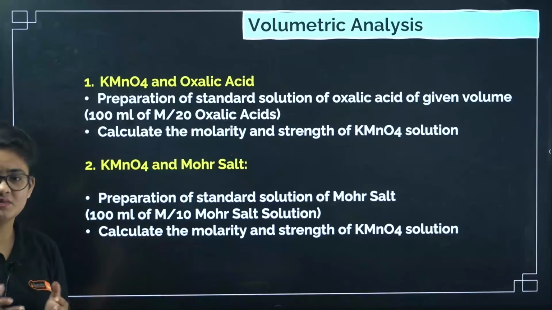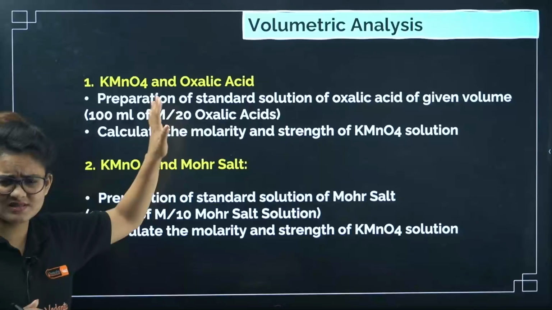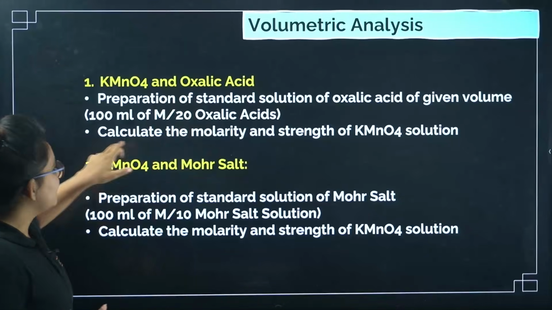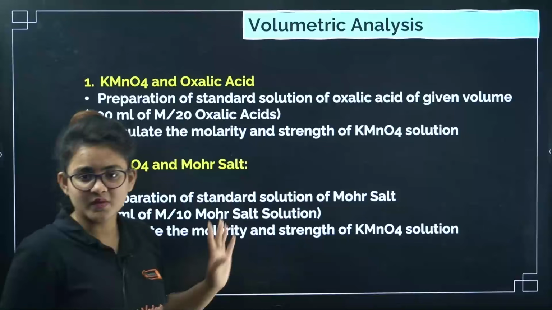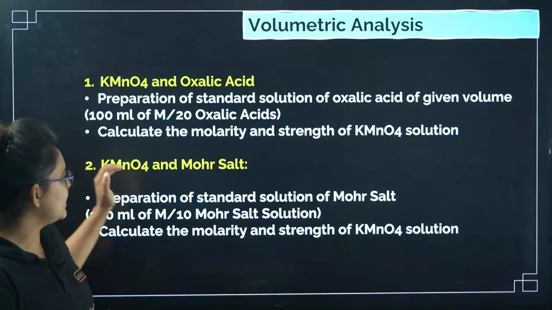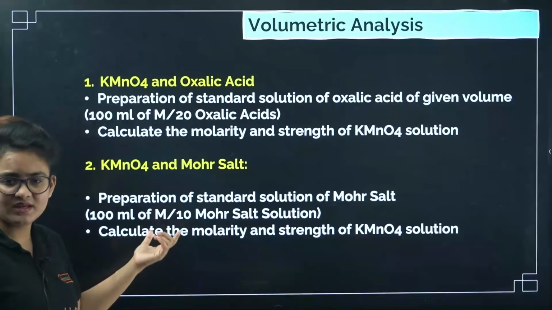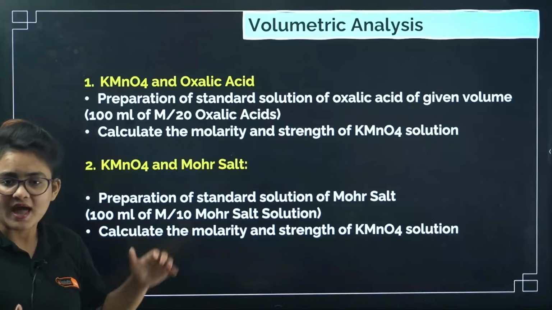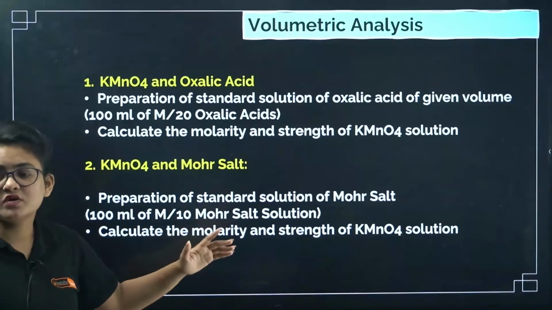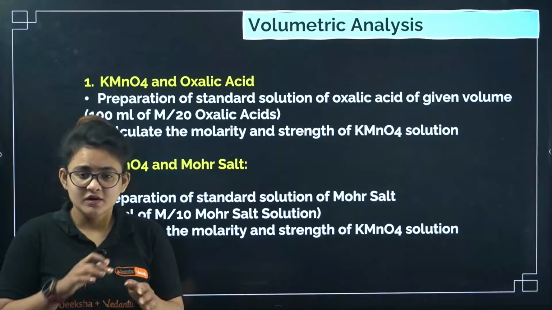This particular strength may vary, but usually this comes, and it's a standard procedure. Then calculate the molarity and strength of KMnO4 that you have to find out. Next, if you are having KMnO4 versus Mohr's salt, then it's the same thing: you have to prepare 100 ml M/10 Mohr's salt, and find out the molarity and strength of the KMnO4 solution.